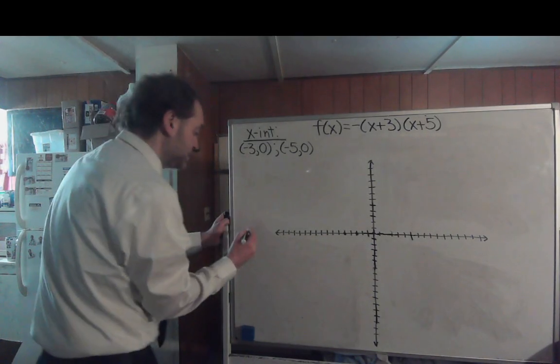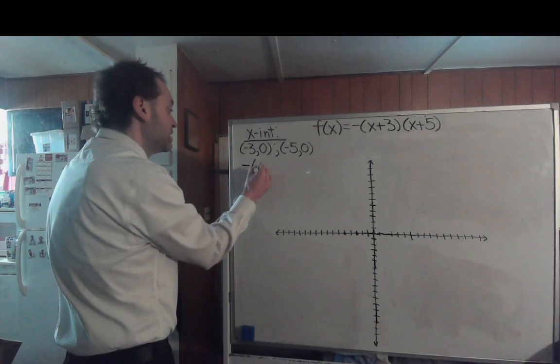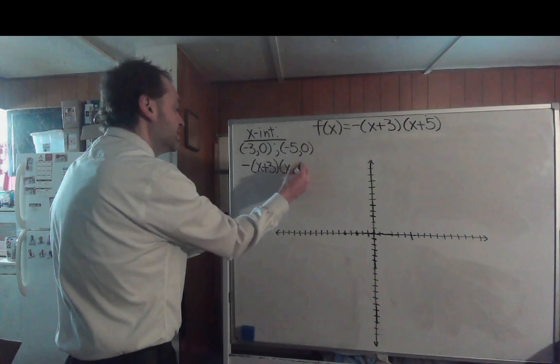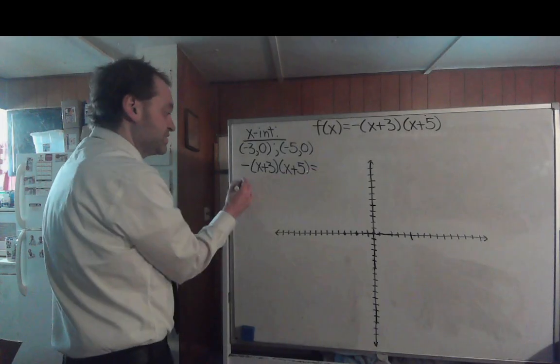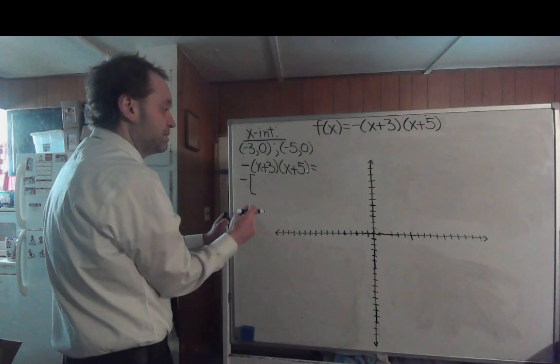So let's take the negative of x plus 3 times x plus 5. Let's leave that negative sign alone for a minute here. Let's just FOIL x plus 3 times x plus 5.